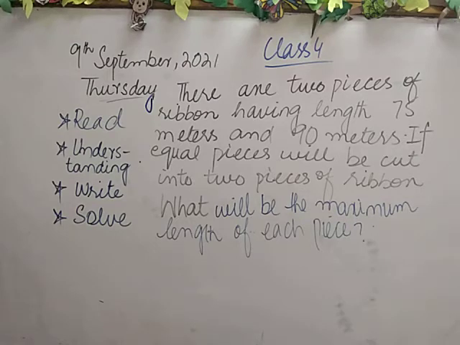Shumaima. वेरी गुड. वो कह रहे हैं कि हमारे पास दो पीसेस हैं रिबन के जिनकी लेंथ 75 मीटर एंड 90 मीटर्स है. नेक्स्ट वो कहते हैं कि अगर इक्वल पीस को हम टू पीसेस में कट करते हैं तो उसकी मैक्सिमम लेंथ ईच पीस की क्या हो.